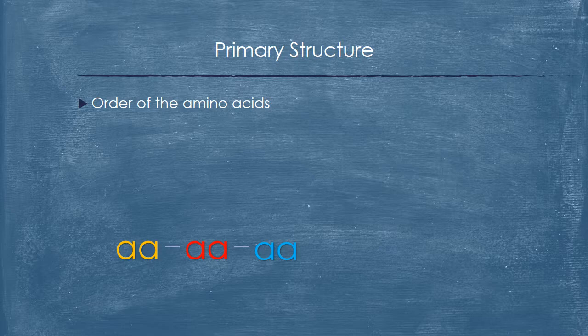Now, when we describe the primary structure of a protein, we're going to use the first three letters of that amino acid. So it would be the first three letters of the yellow amino acid. Then we have our dash, the first three letters of the red amino acid, and then the first three letters of the blue amino acid, and this would go on because that's how we describe the primary structure of a protein.